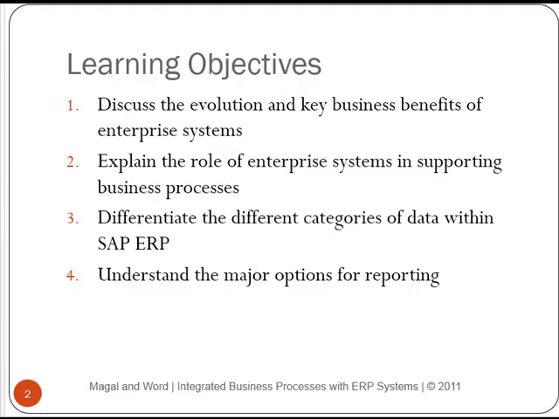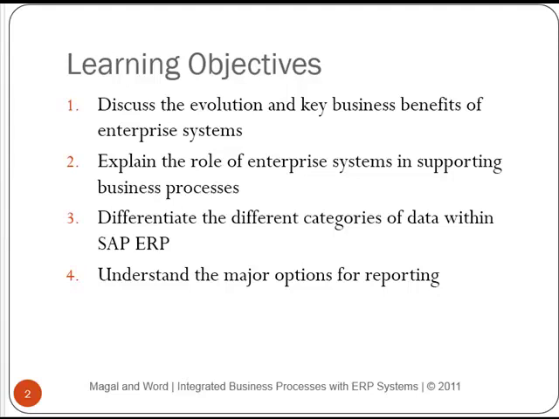We are supporting a business process. And because business processes span across the enterprise, they do not focus on one area, but rather go across functional areas. We will see that these enterprise systems integrate the different business units.